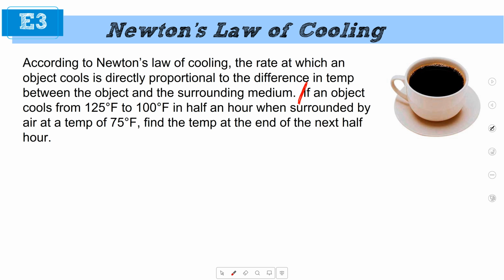Let's do Z, temp of object. So the rate at which an object cools, dz/dt, is equal to the difference in temp between the object and the surrounding medium.